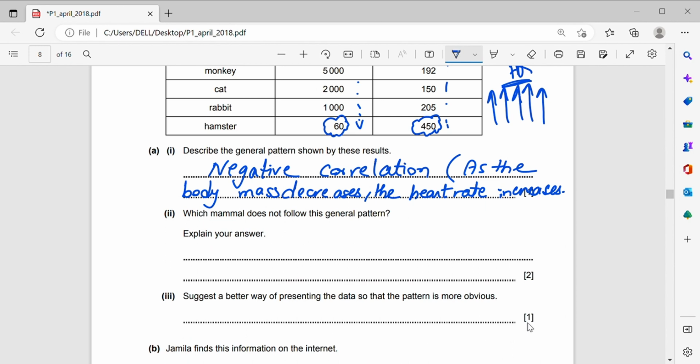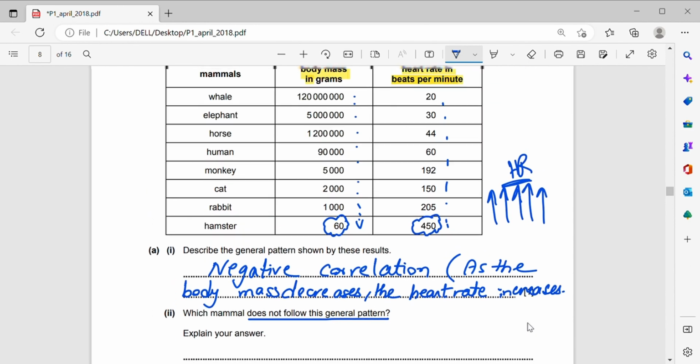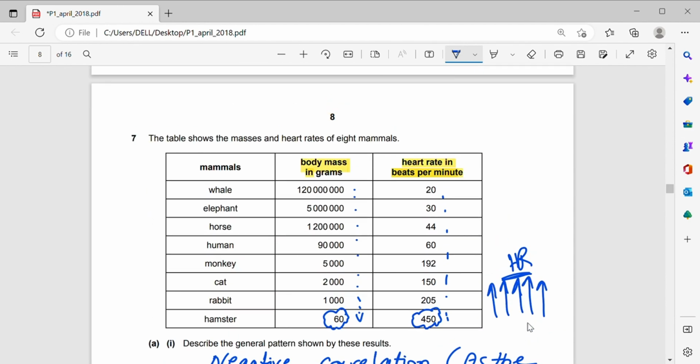Next question. Which mammal doesn't follow this general pattern? Okay. The pattern said, as the body mass decreases, the heart rate increases. So which mammal here doesn't follow this pattern? Let's go and check. There is only one value that is here different throughout the table.